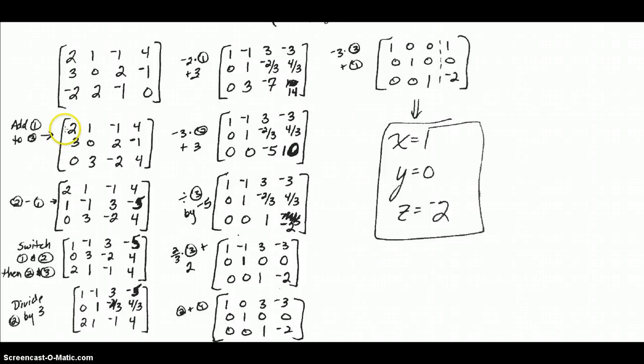Remember, we're allowed to multiply or divide any row by any constant. We're allowed to add or subtract any row from another row. In fact, we can add or subtract any multiple of a row. So for example, if I want this to be 1, I could have just divided through this entire row by 2.